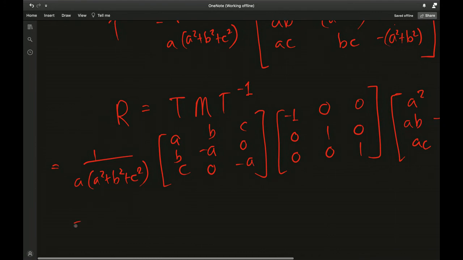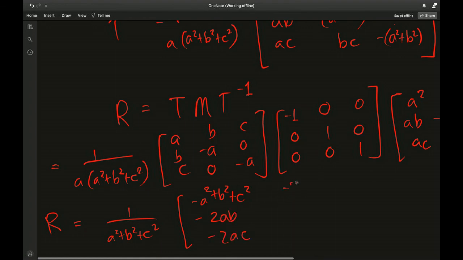And if we do this grotesque multiplication carefully, we just have 1 over a squared plus b squared plus c squared, and this is the reflection matrix that we're going to write: negative a squared plus b squared plus c squared, negative 2ab, negative 2ac, negative 2ab, a squared minus b squared plus c squared, negative 2bc, negative 2ac, negative 2bc, a squared plus b squared minus c squared.